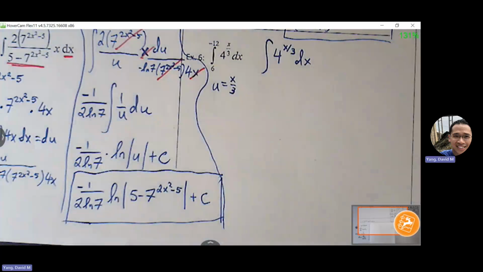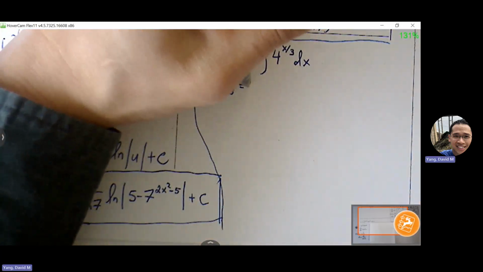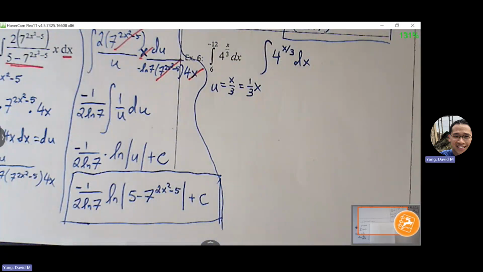Now x over 3 is the same thing as what? 1/3 x. It's the same thing, but looking at 1/3 x just feels a little bit cleaner in terms of the derivative rule. Don't have to feel like, oh, I have to go through quotient rule, right? 1/3 x feels like an easy power rule problem.